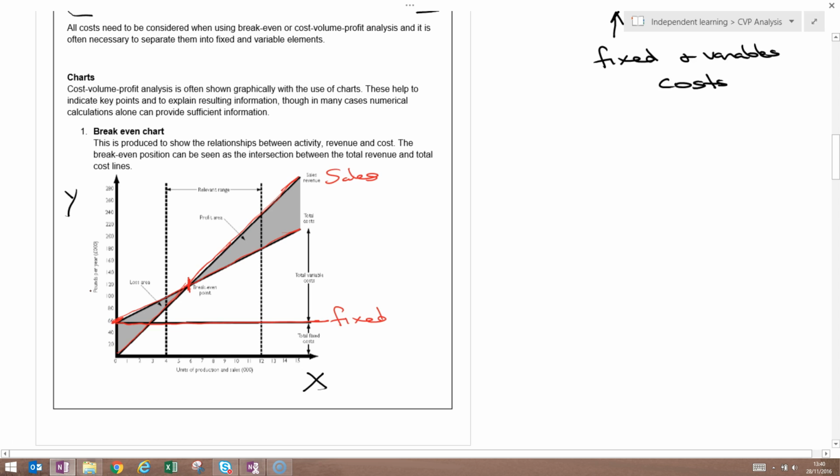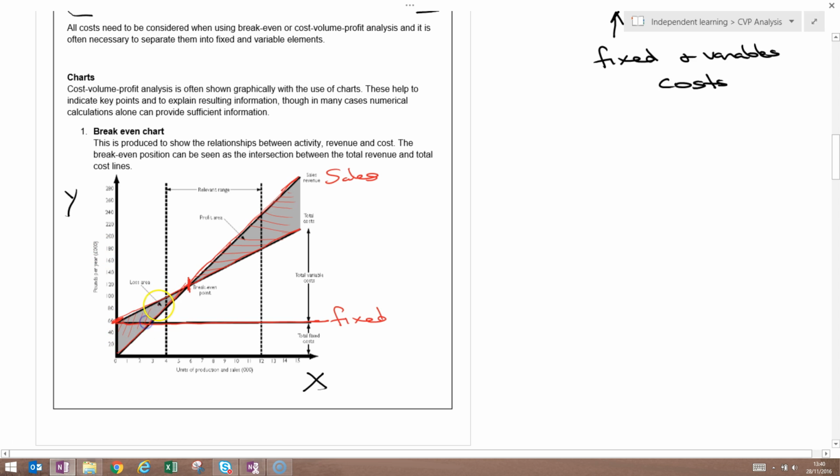Anything that we sell above break-even, so that's here, we know we will be making a profit because the sales line is above the total cost line. When we go below break even, we'll be making a loss because our cost line is above our sales line.